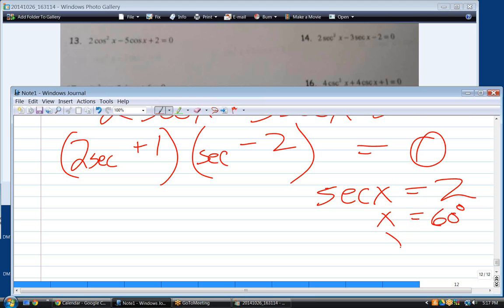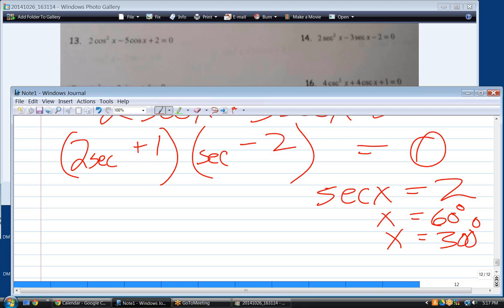And where else? Okay. Actually, what's the fourth quadrant angle for 60? 300. Fourth quadrant, cosine is positive, so secant is positive. The reciprocal relationships always follow that.